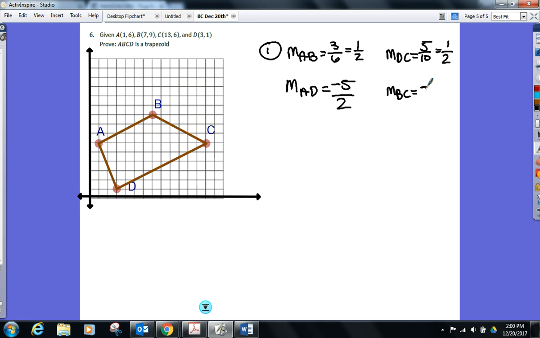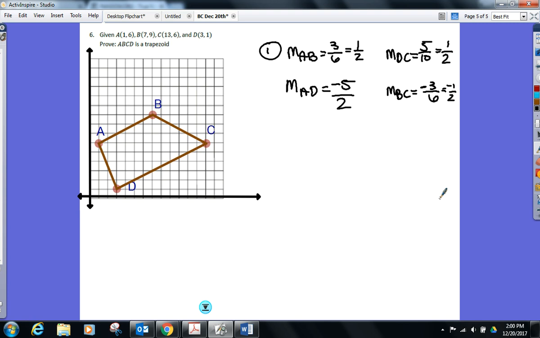Yeah, it is. What are you getting? 3 over 6? What's the issue here? Up and over how many? 1, 2, 3. 1, 2, 3, 4, 5, 6. So it should be negative 3 over 6, right? So negative 1/2? They're not the same. Don't get confused here. They're not the same. I accidentally labeled it wrong.